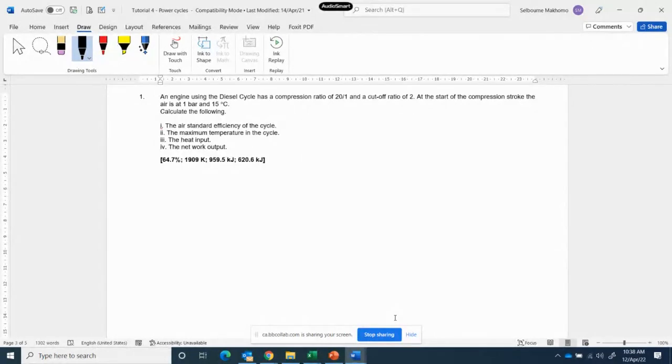And then we calculate the following. So we draw sketches, the PV diagram. The difference between the Otto cycle and the diesel cycle is that heat input takes place at constant pressure.